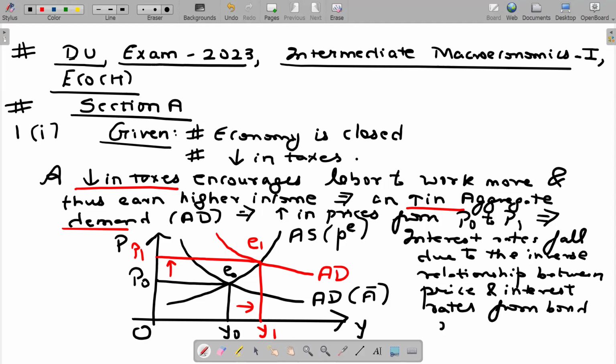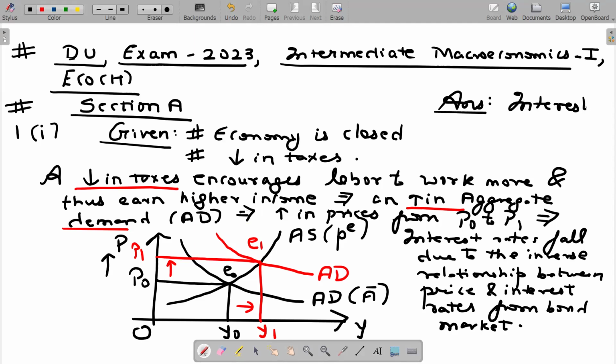We have covered all this in our Intermediate Macroeconomics Part 1 theoretical lectures. If you look at the lectures on the Keynesian economy, you will see that price and interest rates in the bond market are inversely related. So when price is going up, my answer is that interest rates will decrease.